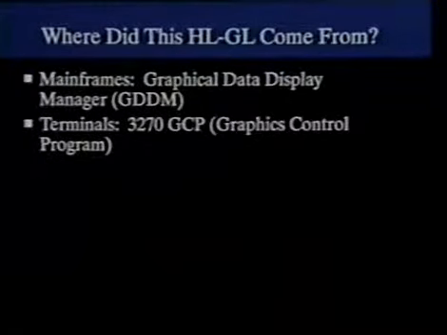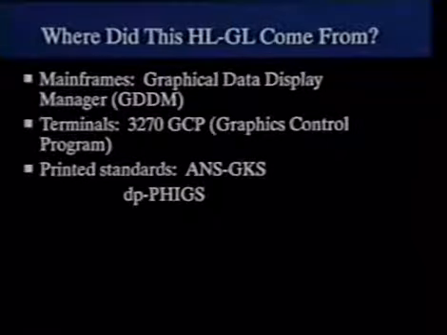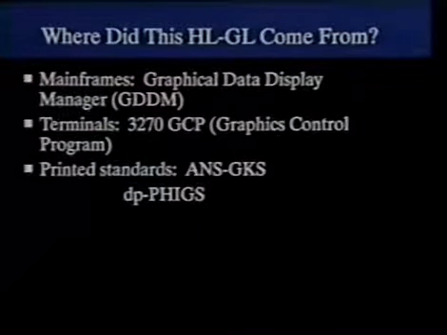From the world of terminals or workstations, the 3270 Graphics Control Program, the GCP for the 3270, is also an ancestor of many of the extensions that we've added in moving the GDI interface to the full GPI interface. Finally, in terms of printed standards, you might want to take a look at the ANS and ISO, the International and American National Standard GKS, the graphical kernel system.